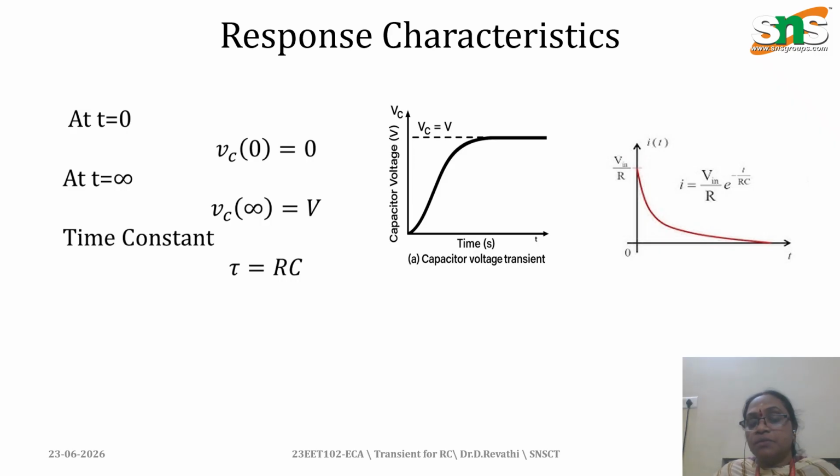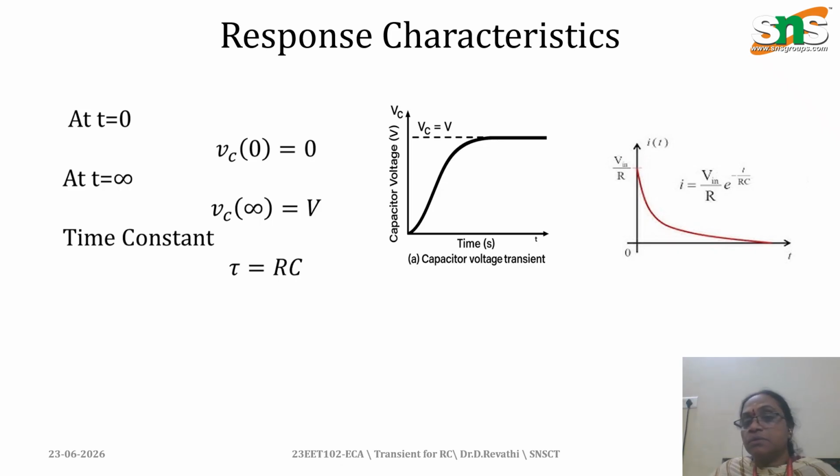At t equals 0, Vc of 0 is 0. At t equals infinity, it reaches the supply voltage, with time constant R into C. As for the current, when it starts it is at its maximum, and after that it decreases, as the capacitor charges.